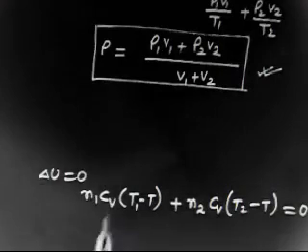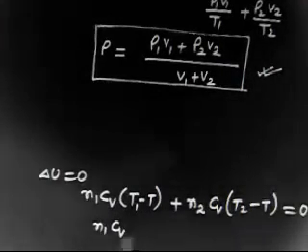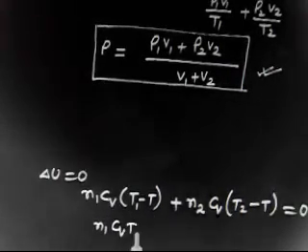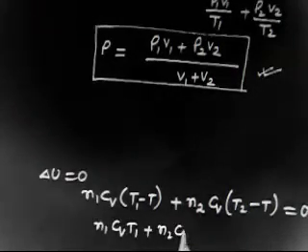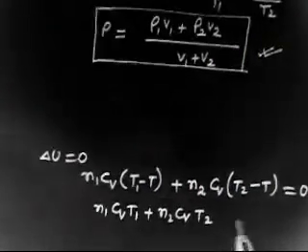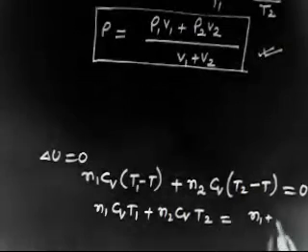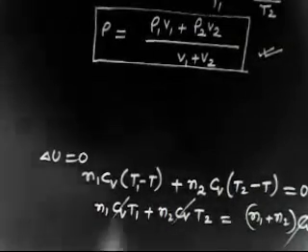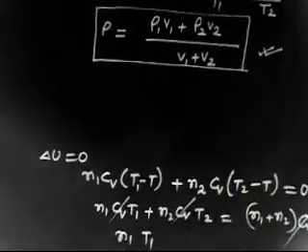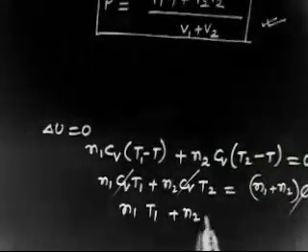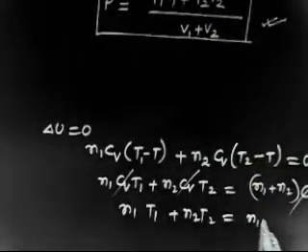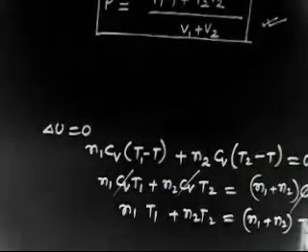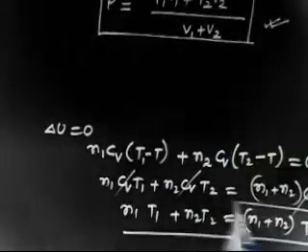So if you take T that side, you will have N1 CV T1 plus N2 CV T2, and this side goes N1 plus N2 CV into T. So this CV cancels out. So we will have N1 T1 plus N2 T2 equals N1 plus N2 into T. You see, the same equation you are getting there also.